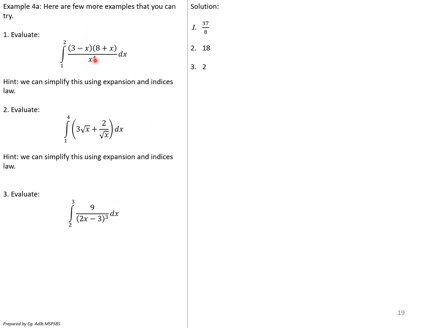This requires you to use your mathematical skills, your indices law, to simplify it. This is function divided by function, but they do not ask you to use the quotient rule. Most probably you can simplify this to become a simpler equation. So you expand this first, then use indices law to simplify this.